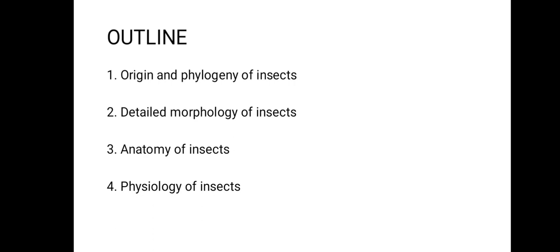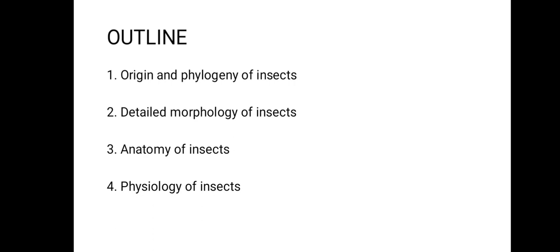In this place, we are going to look at how the insect's life began. And then we are going to also look at the detailed morphology of insects. And then we talk about the anatomy of insects in part 3 of the outline.